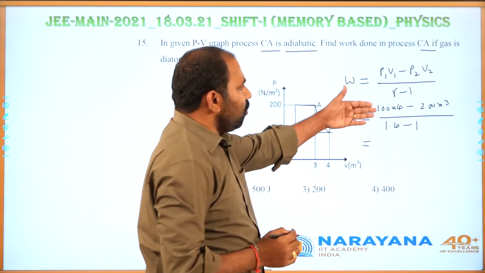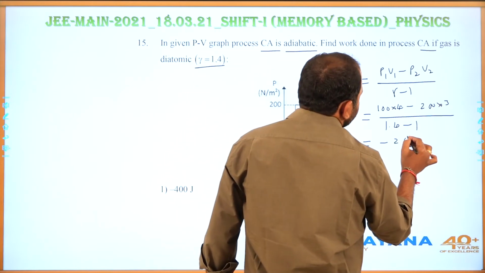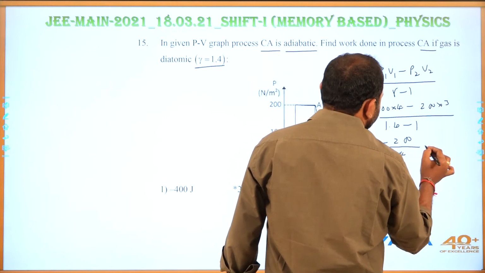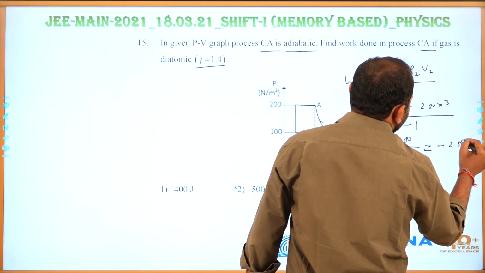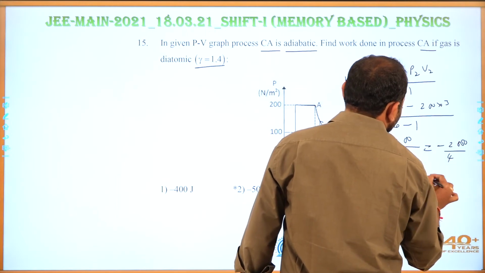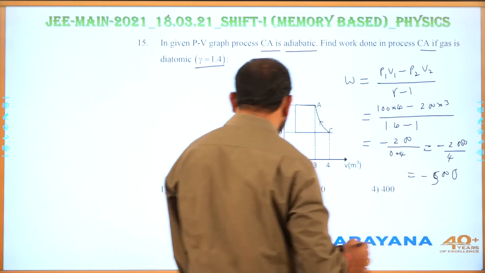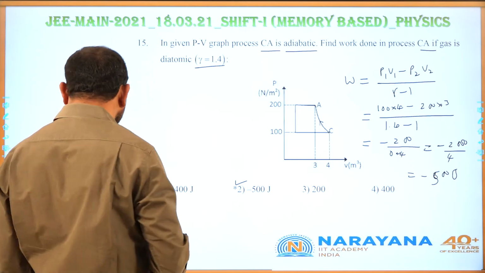So this is 400 minus 600. It will be minus 200 divided by 0.4, or it can be rewritten as minus 2000 by 4. This is equivalent to minus 500 joule. So it is given with the second option. Let us go to the 16th question.